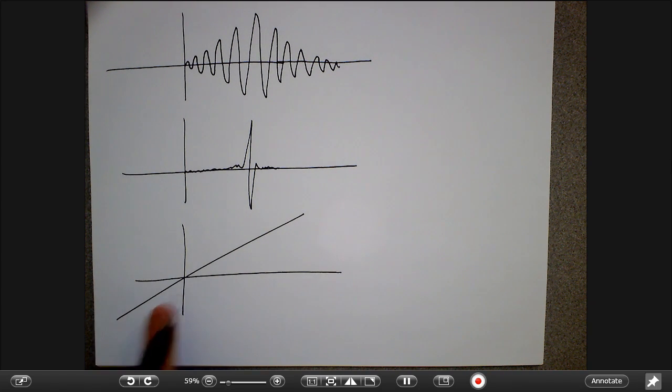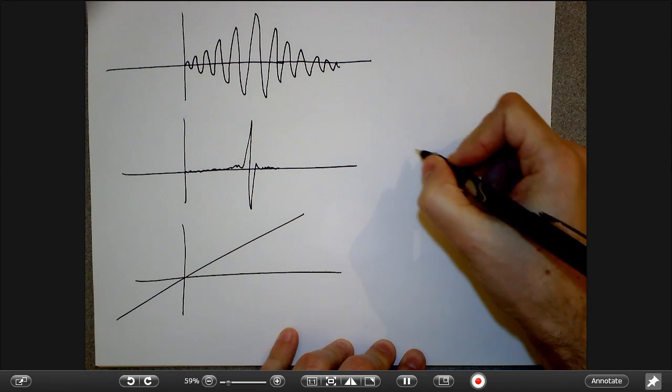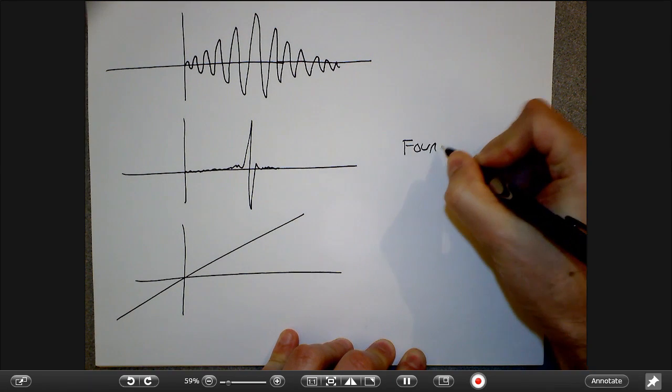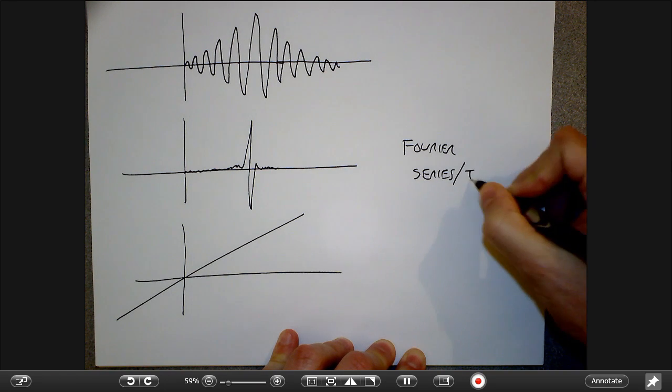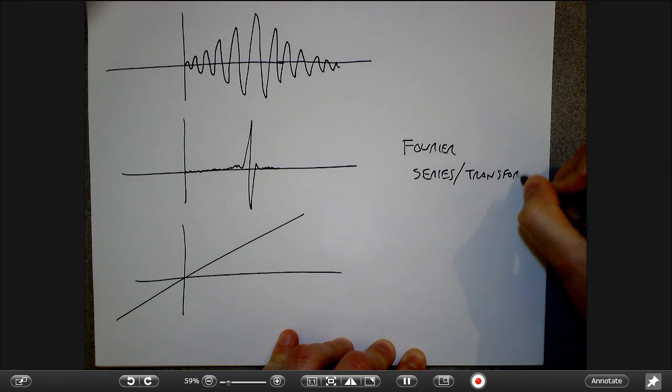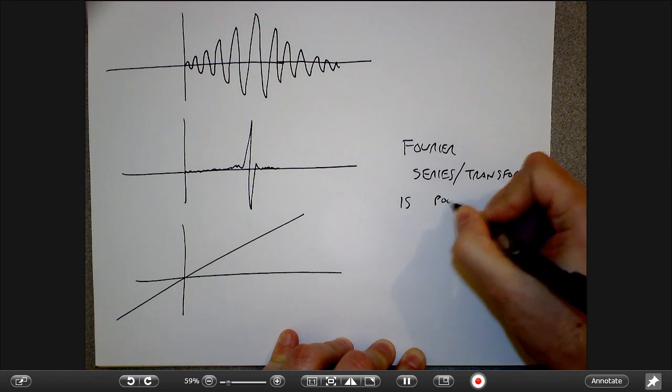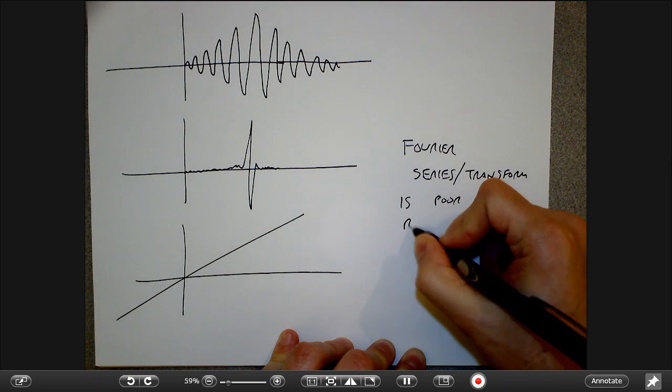Because again, I have to make this smooth linear ramp that is not oscillating at all out of a bunch of oscillatory signals. And so in all these three cases, I would say the Fourier series / transform is poor at representing these kinds of signals.